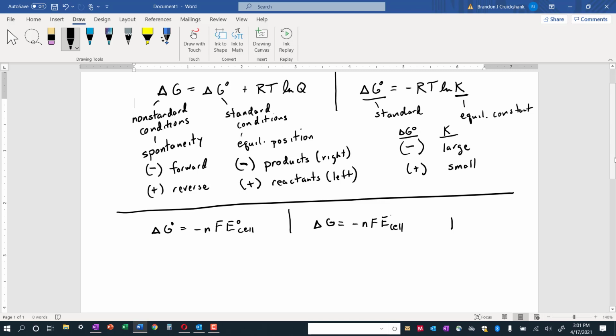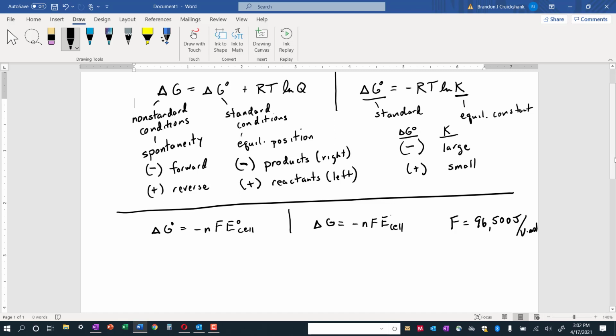Just a couple of things to know. F is named after Michael Faraday. He was a scientist that did a lot of electrochemistry experiments. You'll probably see this in the homework or somewhere else with more sig figs, but let's just write it as 96,500 joules per volt mole.